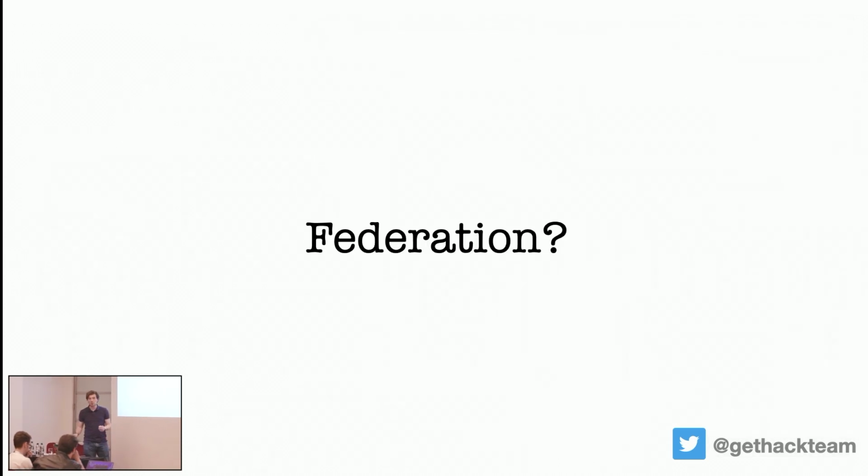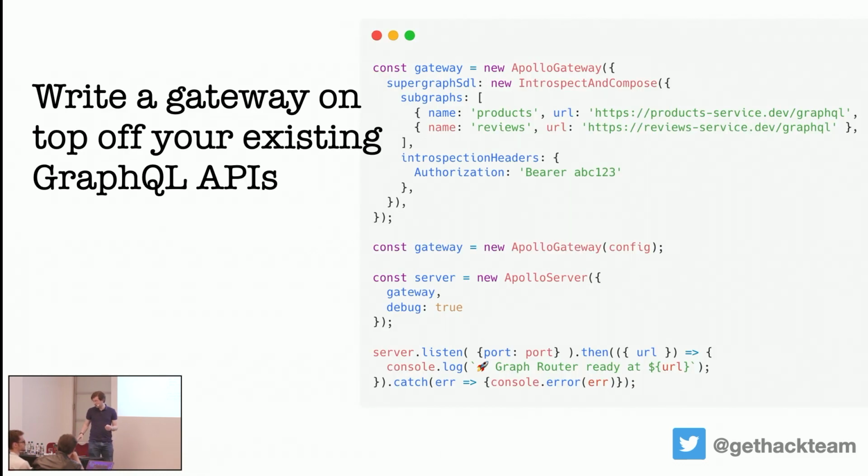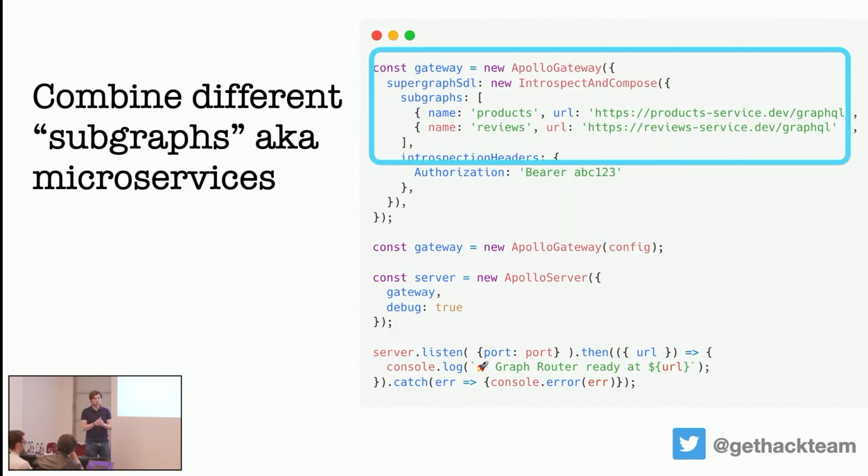With federation, it's a bit easier to bring together these schemas, so you still need to define where all your subgraphs live, so you still need to define a graph for every service, and then you need to merge them together using this introspect and compose method. And then if you want to combine information from different schemas, you can also use custom directives.